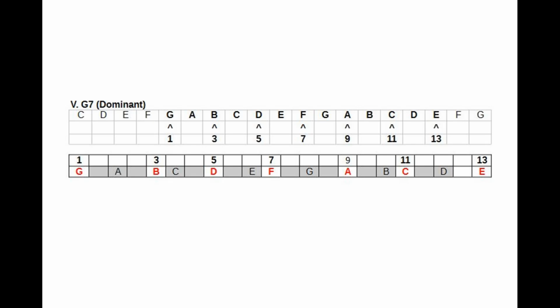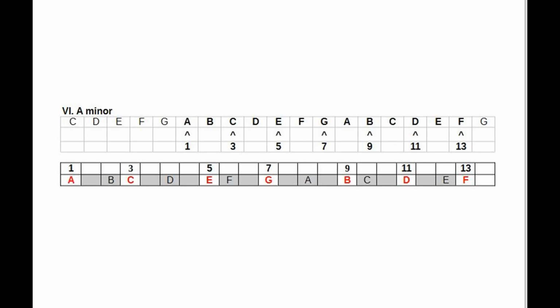The 7 is F, which is 2 semitones below the root. It's the only one with this structure where it gets a major third, a natural 5th, and a flatted or minor 7th. Dominant chords are really powerful, and they're unique. They have the feeling of pulling the ear back to the 1. They leave a very unsettled feeling.